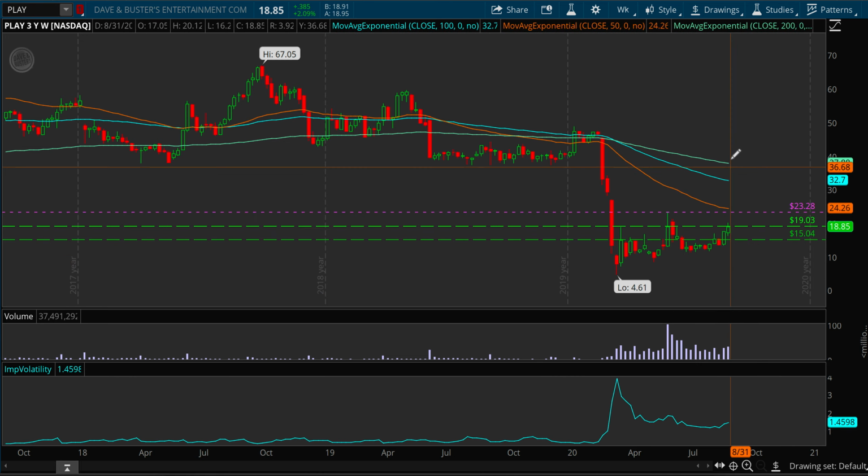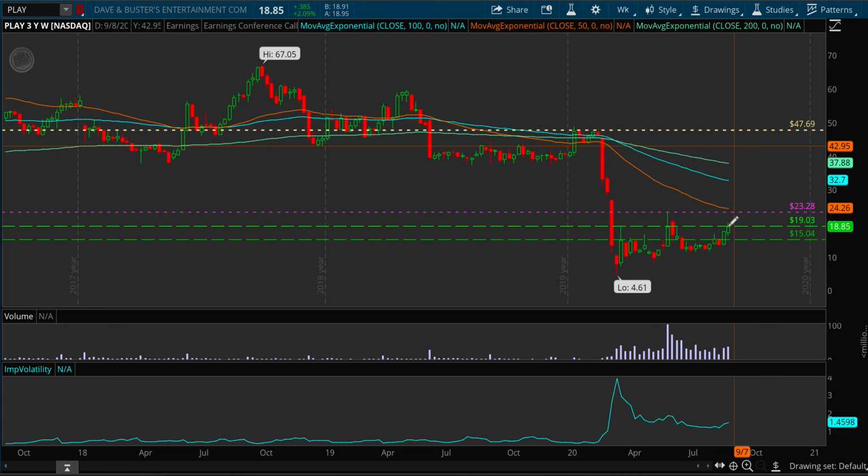Then it can gap fill all the way up to 47.50. And I'll tell you how I know that, just from past experience and price levels and how they work. If this has a lot of momentum and goes through 23.28, it can fill this just as fast as it filled this going down.